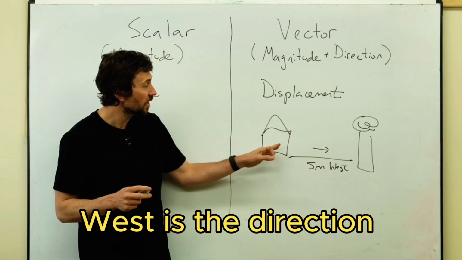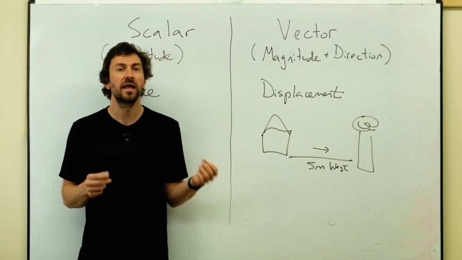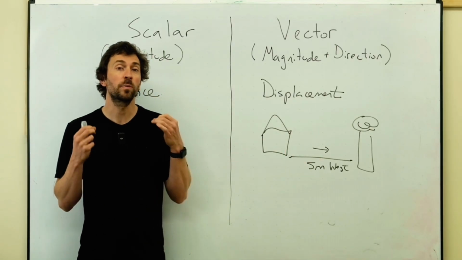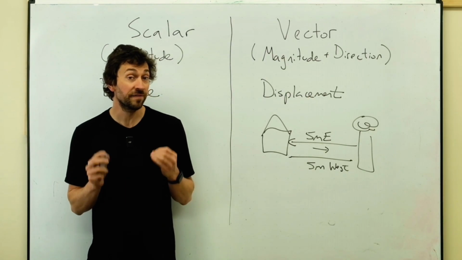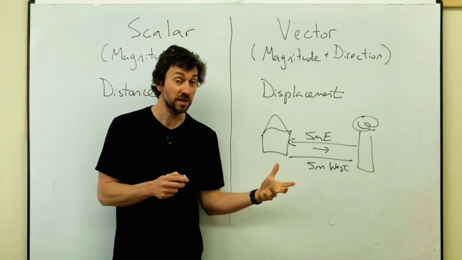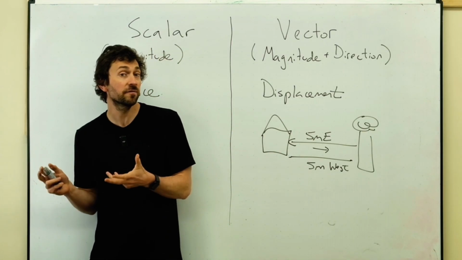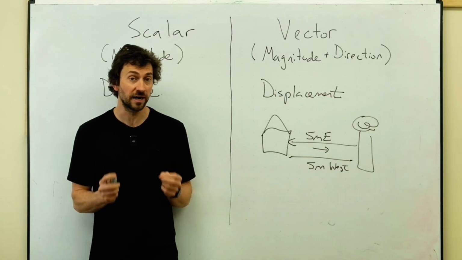So in this case, the tree is to the west of the house. If I were to go from the tree to the house, that would be 5 meters east. This is actually a different vector. 5 meters to the west is one vector, and 5 meters east is a different vector because they have a different direction.